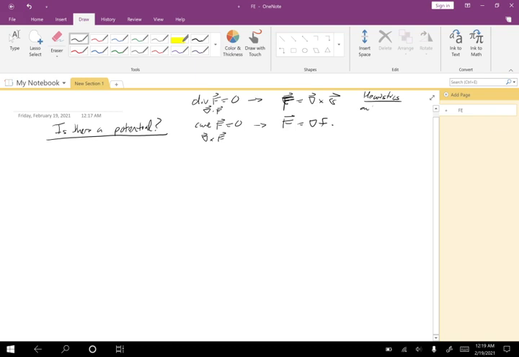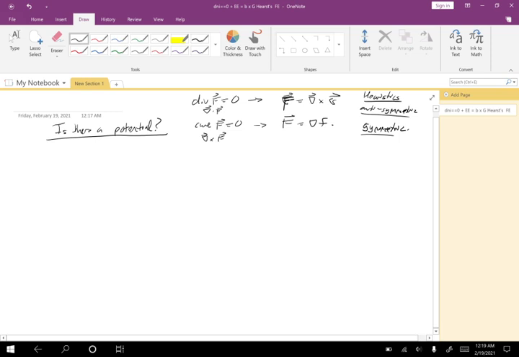Notice that a curl will be antisymmetric. The cross product is antisymmetric, right? A cross B is minus B cross A. On the other hand, if f is a gradient, it will look symmetric. So using these heuristics, you can often just spot some of these vanishing divergence or vanishing curl vector fields.